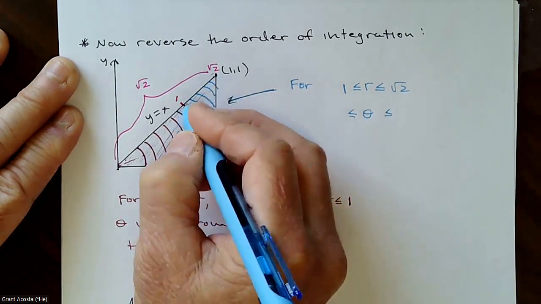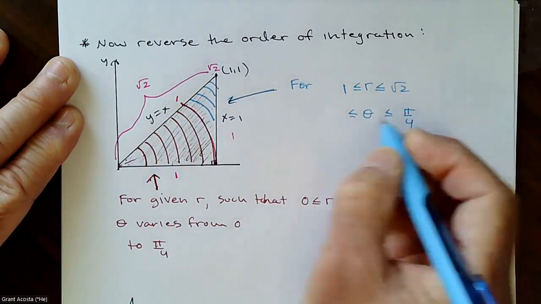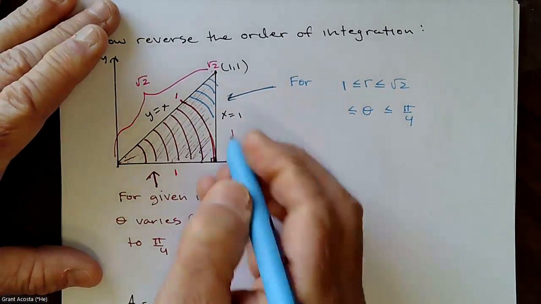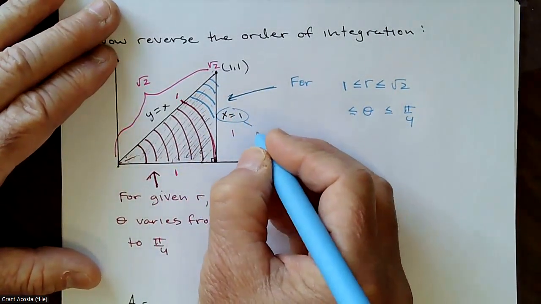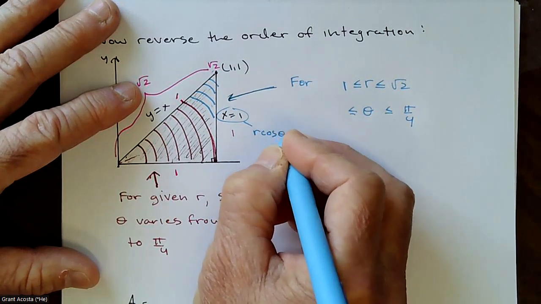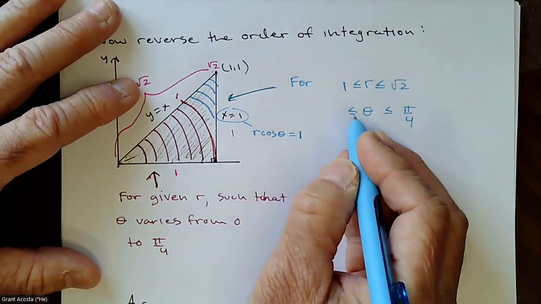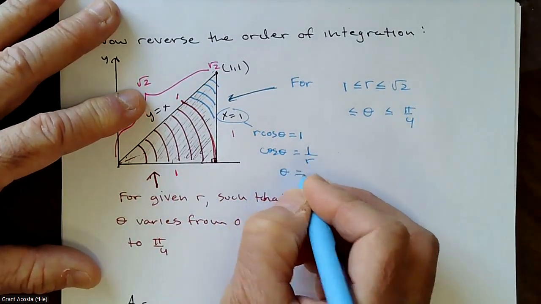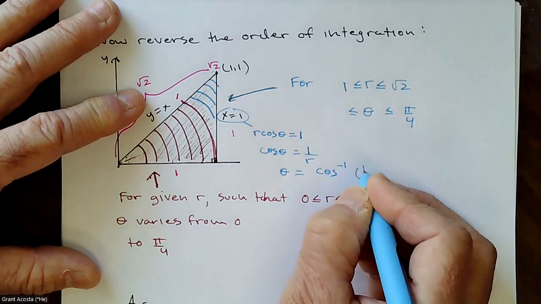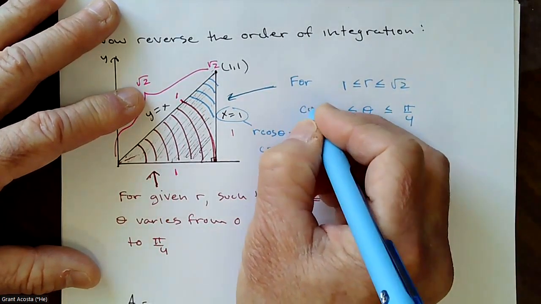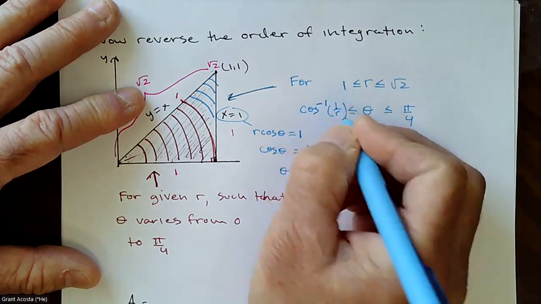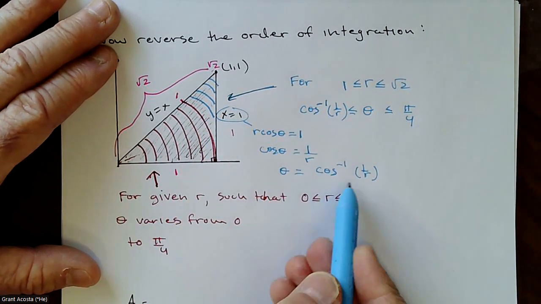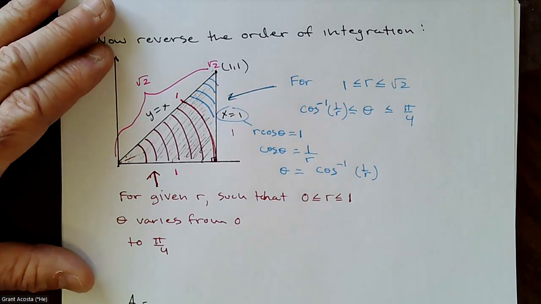My maximum value of theta here is pi over 4. But my minimum value goes to the line x equals 1. And remember, x equals 1 corresponds to r cosine theta equals 1. But I need a bound in terms of theta. So isolating, cosine theta is 1 over r, which means theta itself is the inverse cosine of 1 over r. That's my lower bound. That's x equals 1, solved for theta.